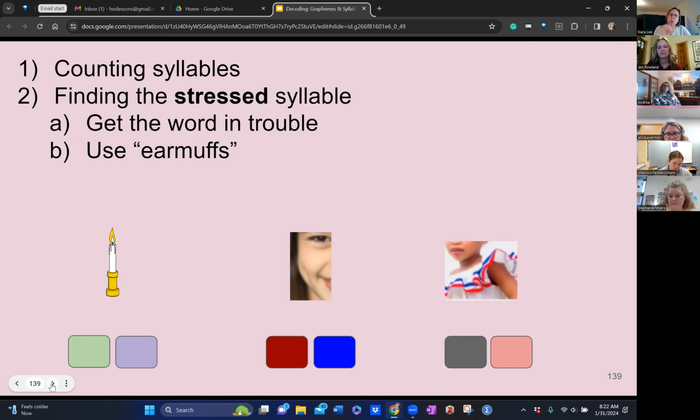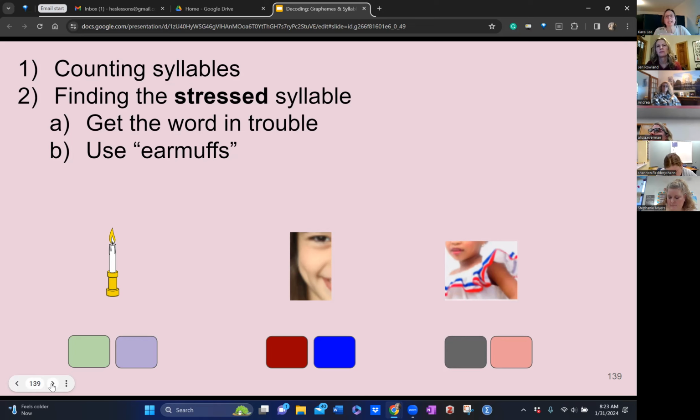So when you get the word in trouble, any word, not just someone's name, it becomes clearer which syllable is stressed. And it's the one that you say with more power, with a fuller vowel sound. It's kind of hard to describe, sometimes with a higher pitch. This is how that sounds. It's a very subtle difference, but it is there.